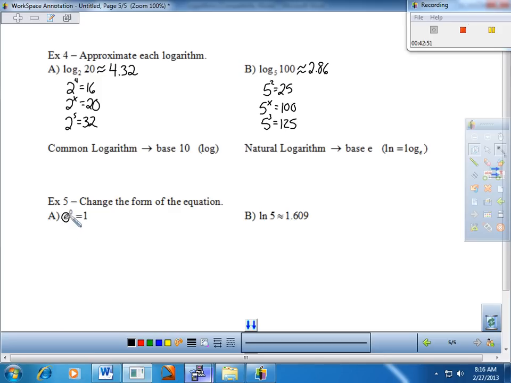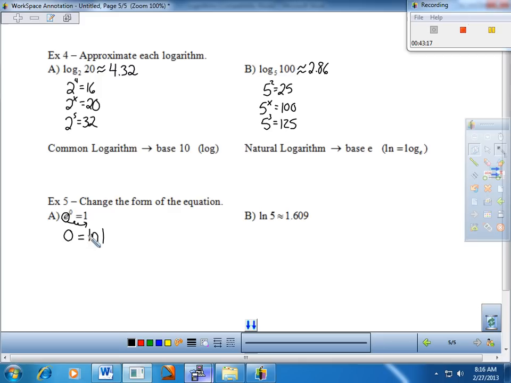Circle the base, everybody. In this case, this is a base e exponential equation. So circle the e. Now please just be very careful with this. Don't lose steam on me at this stage. Again, roll it on over to the other side. When you roll it on over to the other side, the 0 pops down. And as soon as that e travels beyond the equal sign, it changes from the base of that exponent to the base of a logarithm.